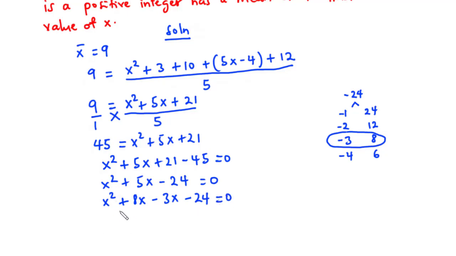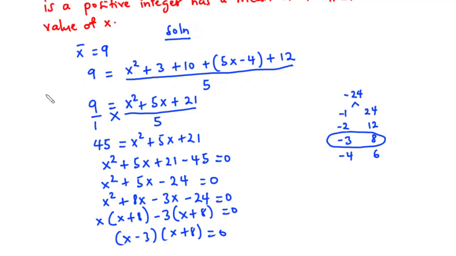Now the greatest common factor between x squared and 8x is x. So we have x outside and then x plus 8 inside the bracket. We have negative 3 outside and then x plus 8 inside the bracket. So we have (x minus 3)(x plus 8) equals 0.